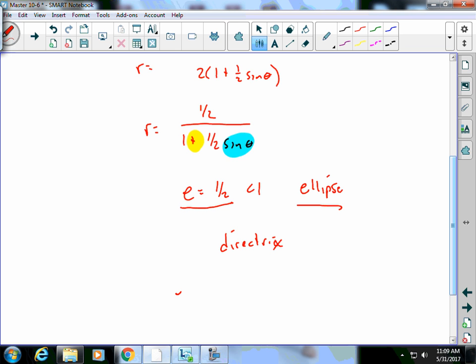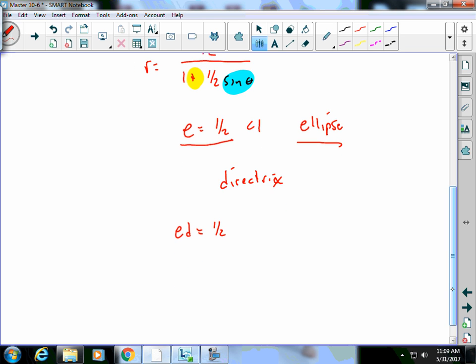We have ED is equal to 1/2. We know E is 1/2, so we have 1/2 is equal to 1/2 D. So D is equal to 1. So my directrix equation, Y is equal to a positive 1. I can do math.